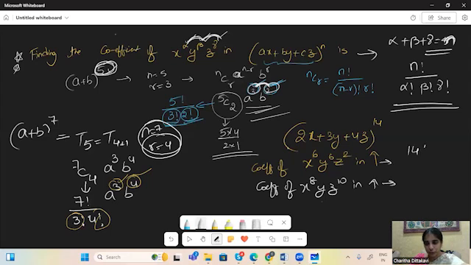It is nothing but 14 factorial by, I would write how much? Tell me what is it? Perfect. 14 factorial by 6 factorial into 6 factorial into 2 factorial. Till here, fine. Now, that is nothing but your coefficient of x power 6.